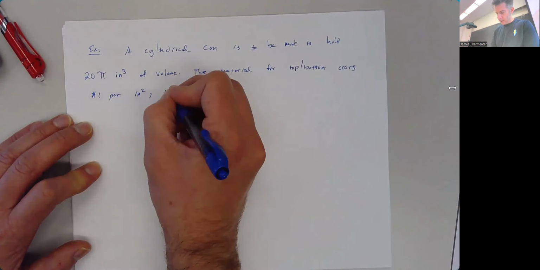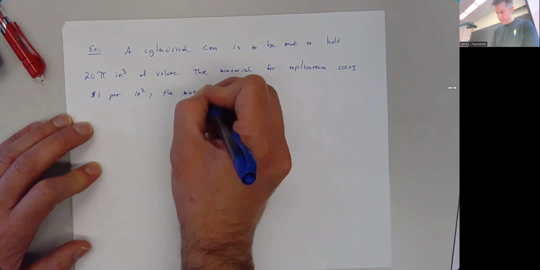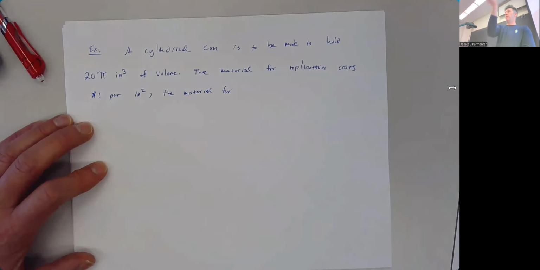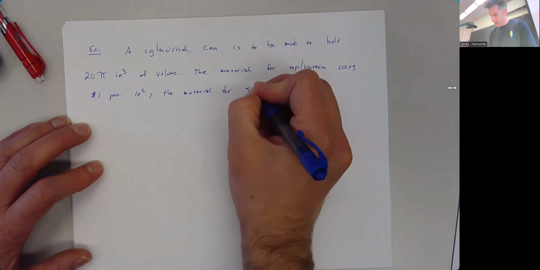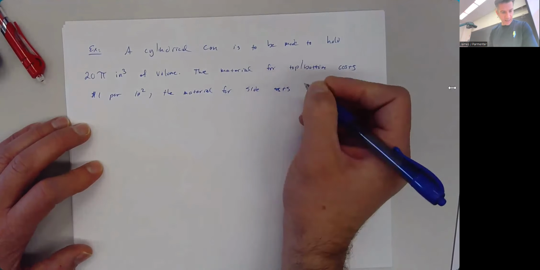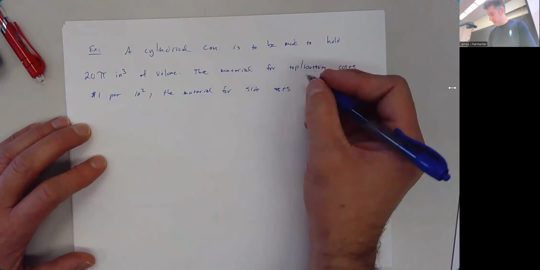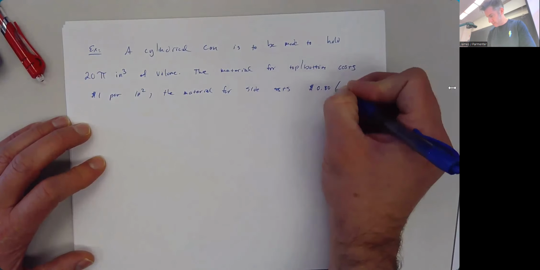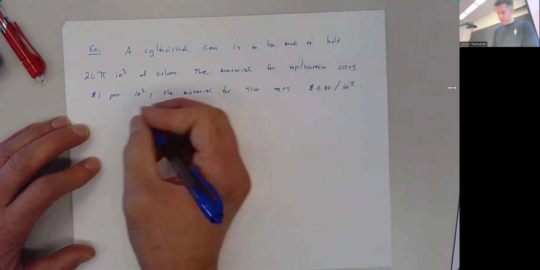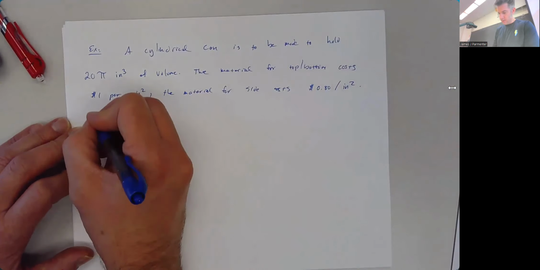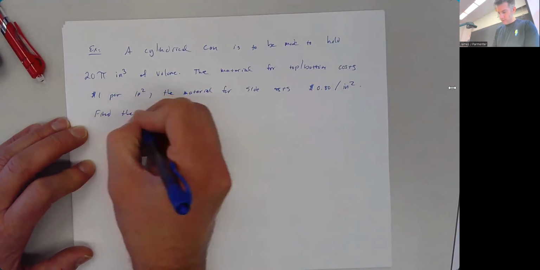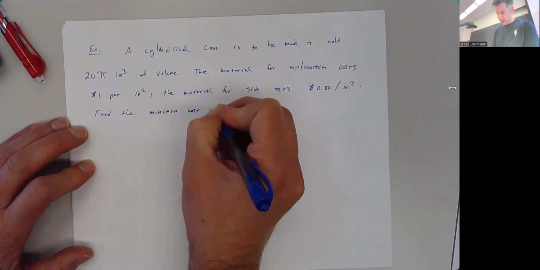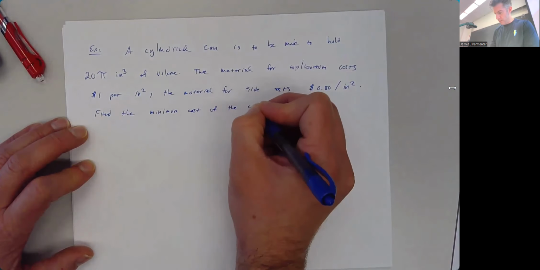And the material for the side, or for the side, I guess, right? There aren't multiple. It's one side. It's the whole round part. For the side costs 80 cents per square inch. Find the minimum cost of the cylinder.